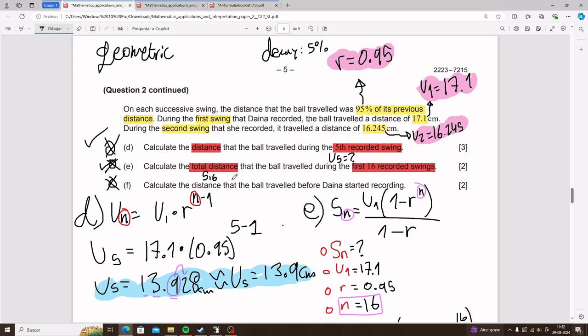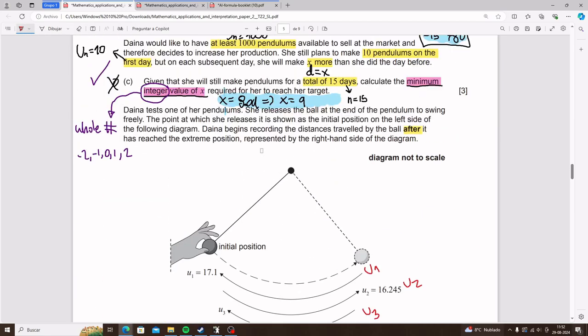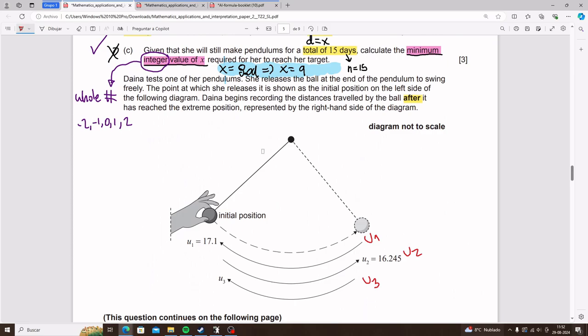The big thing here is that they're telling you before Dinah started recording. When did Dinah start recording? She started recording after it reached the extreme position. So this first swing is not recorded.